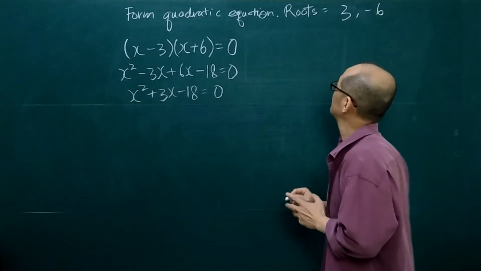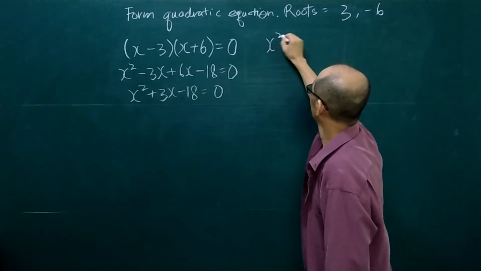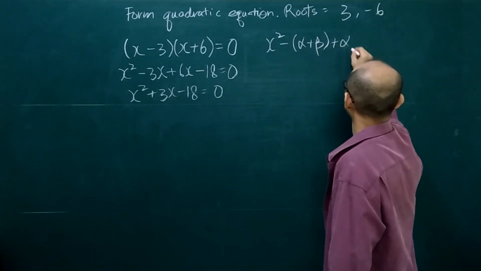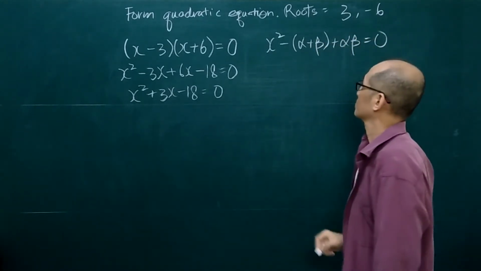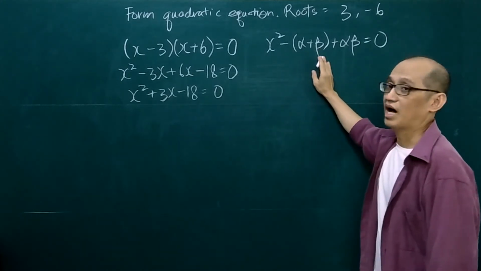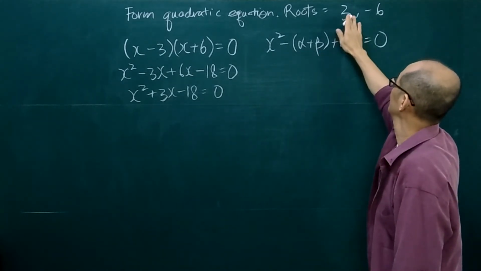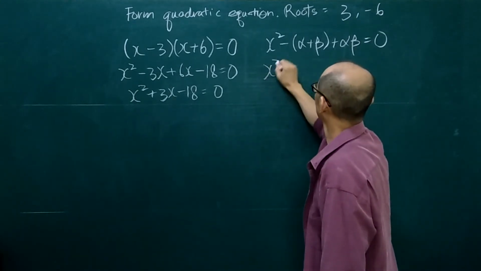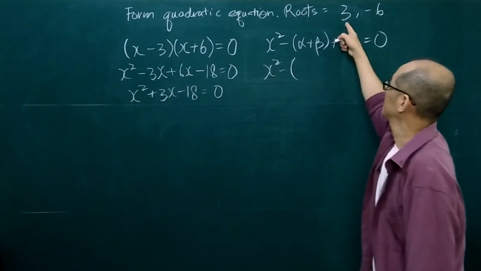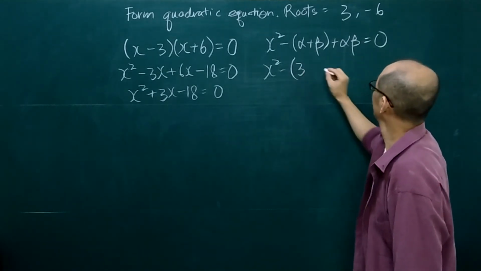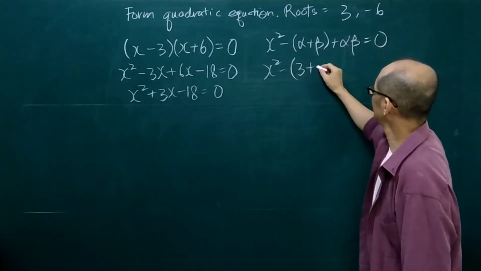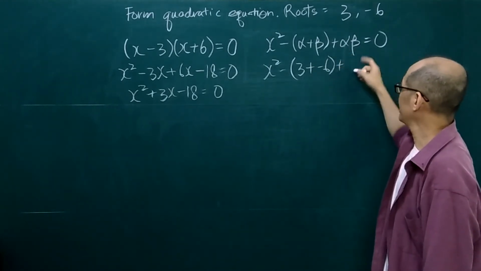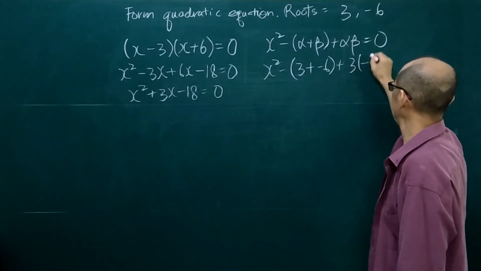The second method is this, where alpha and beta are the roots, which are 3 and negative 6. So we just plug in the numbers: 3 plus negative 6, and alpha times beta, so 3 times negative 6.